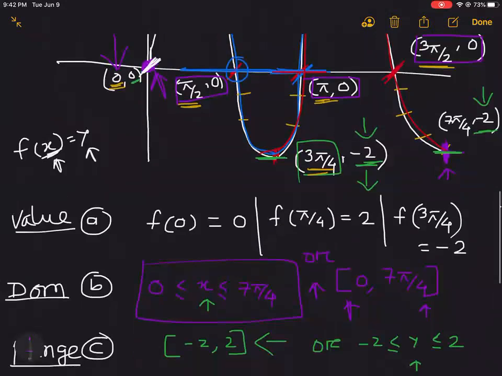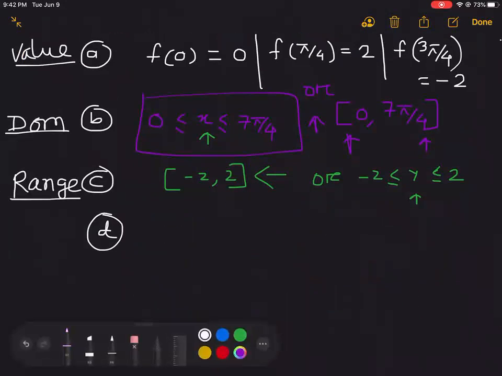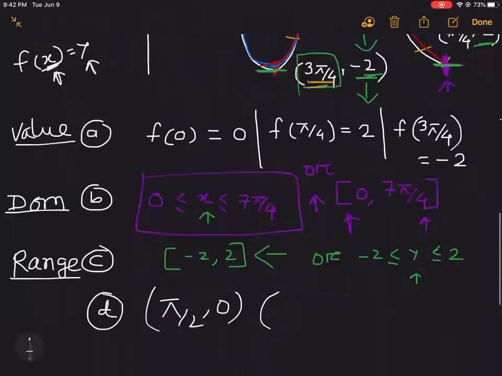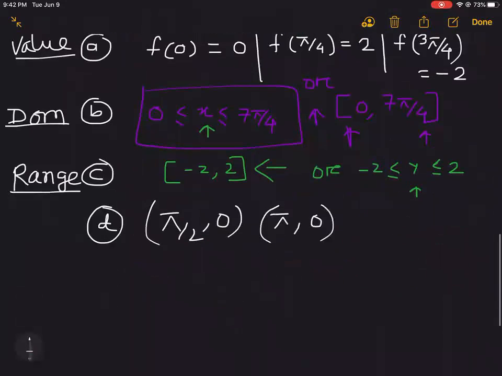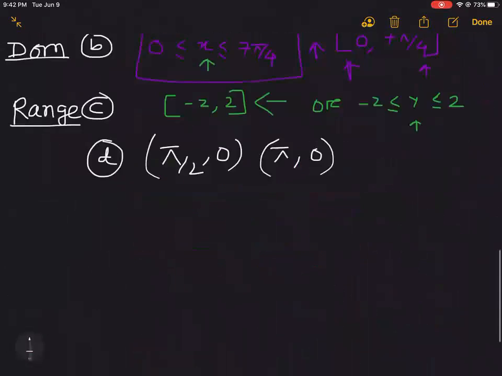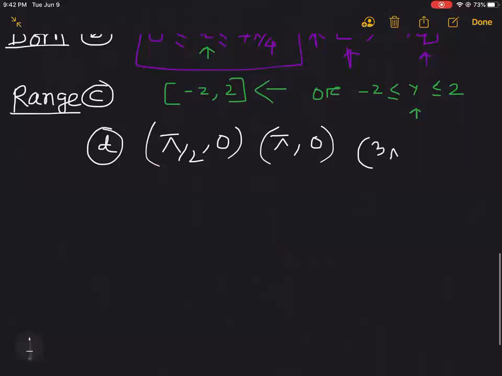So we can clearly write pi over 2, 0, then pi and 0. And the last one is 3 pi over 2 and 0. So these are our intercepts, okay?